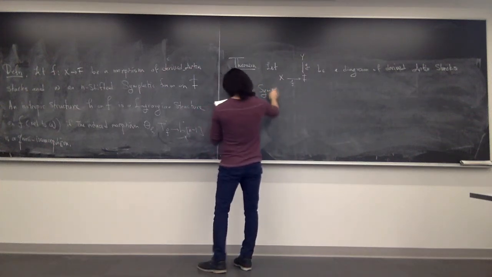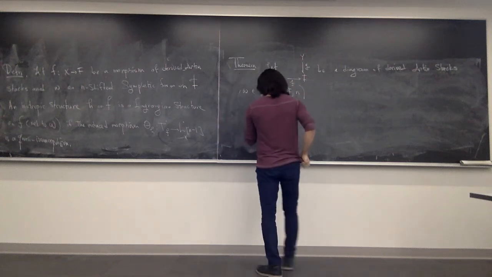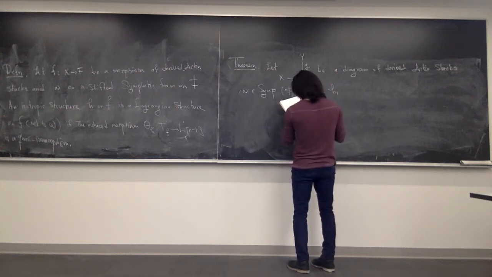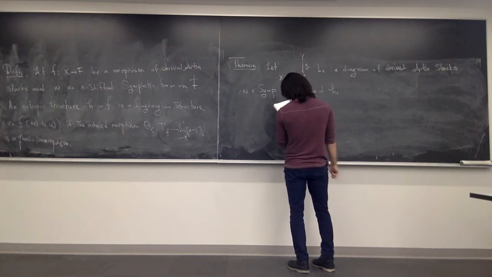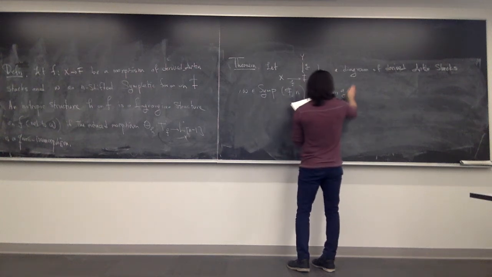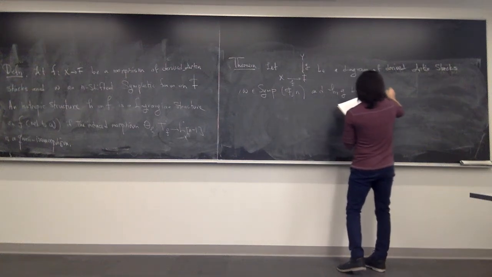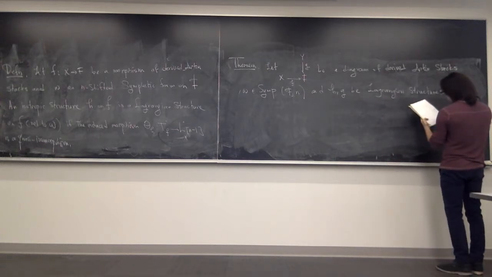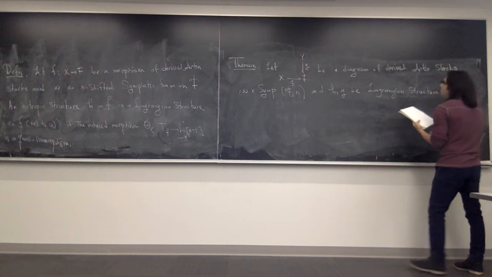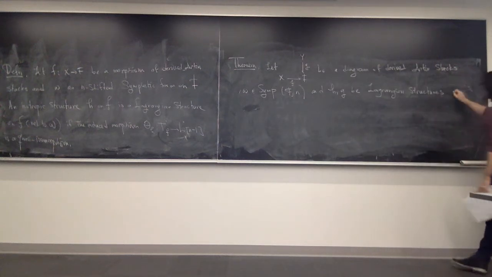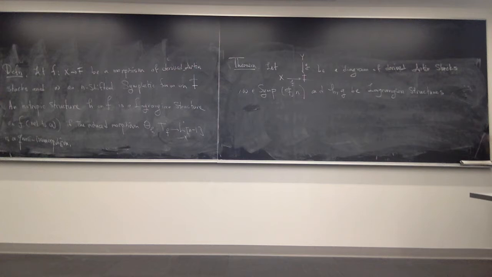Omega is a symplectic form on F of good degree n, an n-shifted symplectic form, and h and g be Lagrangian structures on F and G. So these define Lagrangian structures.